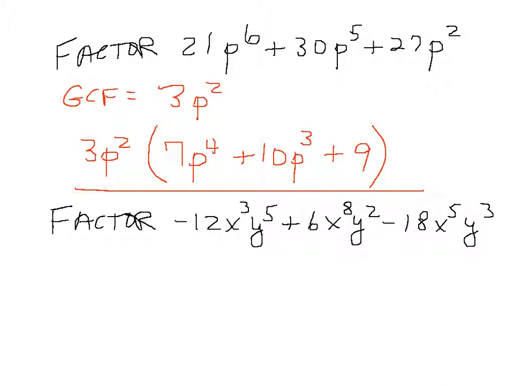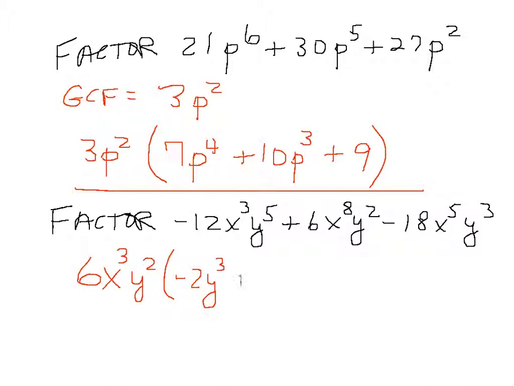Okay, check this one out. Again, we try to take out the common term, the greatest common factor. And in this case, the greatest common factor is 6x cubed y squared. And now I have to work in reverse. This is going to be a minus 2y cubed.